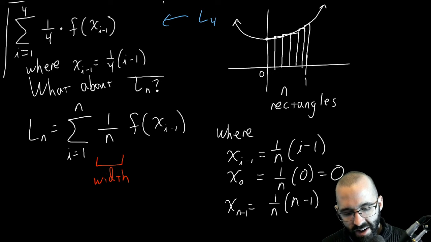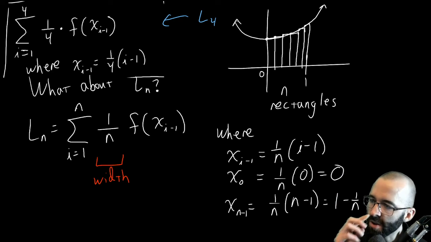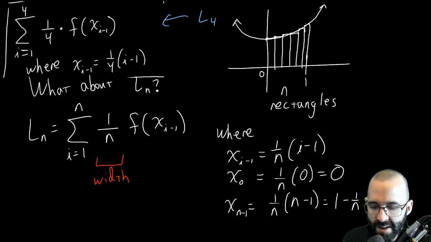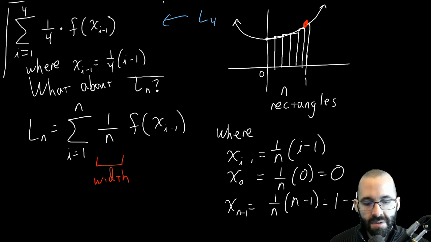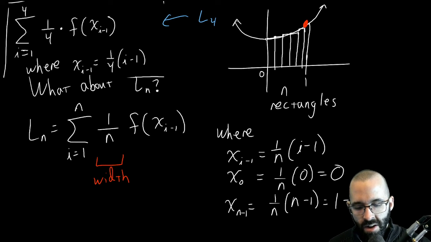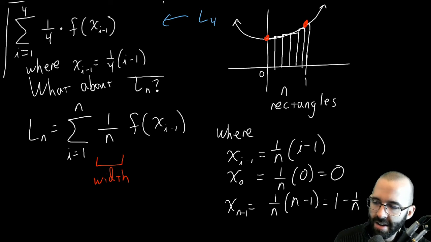The last rectangle, all right, this one's a little hard to see. The last rectangle is n minus 1 over n, which simplifies to 1 minus 1 over n. That makes sense, right? That's going to be this point right here. The last rectangle isn't at an x location of 1 because we're looking at rectangles drawn from the left. So the first one is at 0, but the last one is going to be almost at 1.